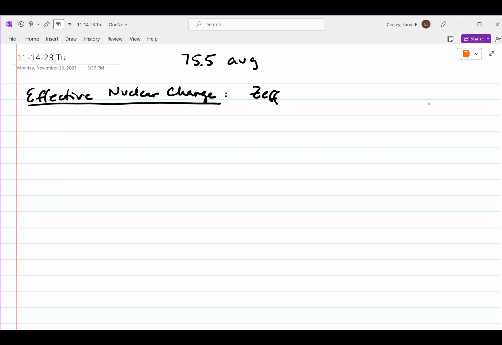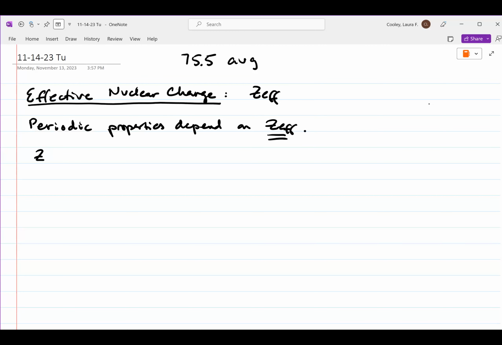Today we're going to talk about different trends in the periodic table, different properties of atoms that vary as you go across and down the periodic table. These properties we call periodic properties depend on the effective nuclear charge, that's the charge experienced by the outermost electrons in an atom. And in order to understand these properties, you have to understand a little bit about Z effective.